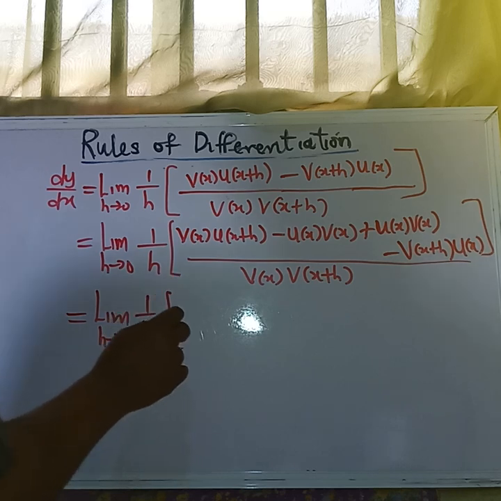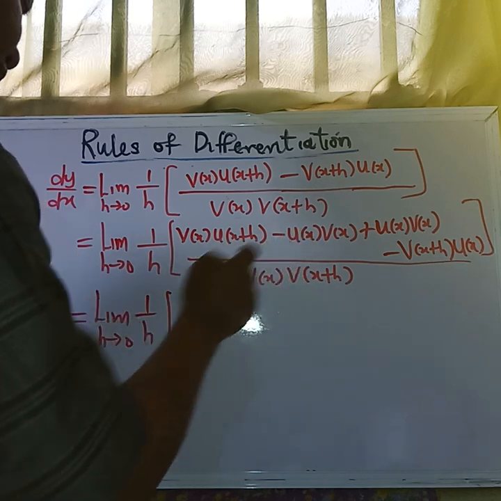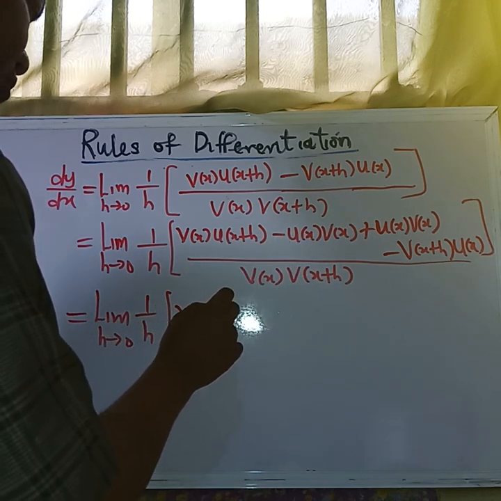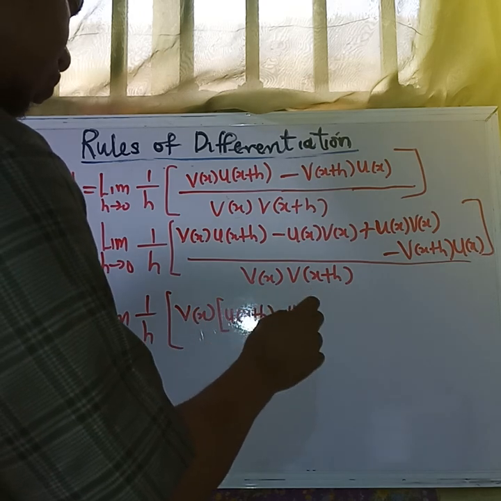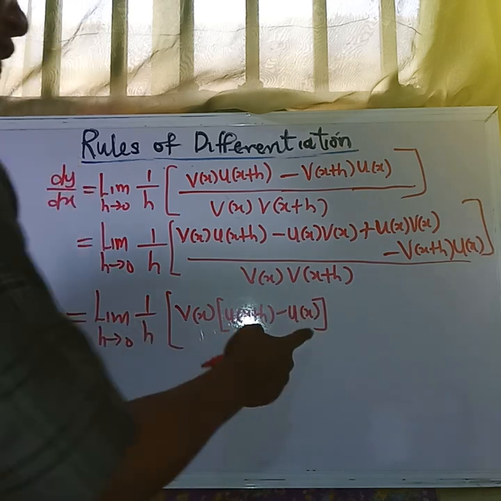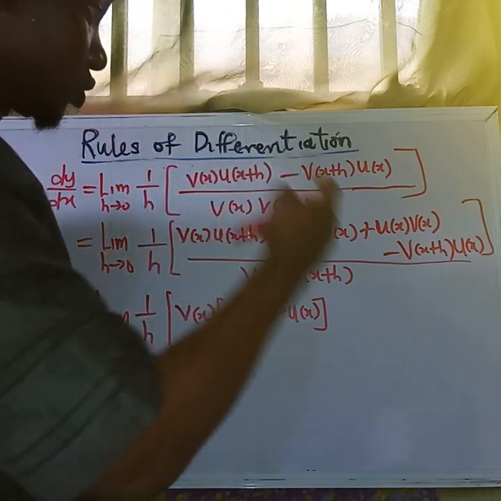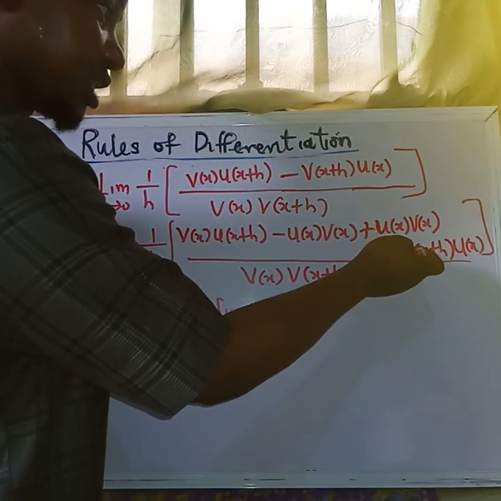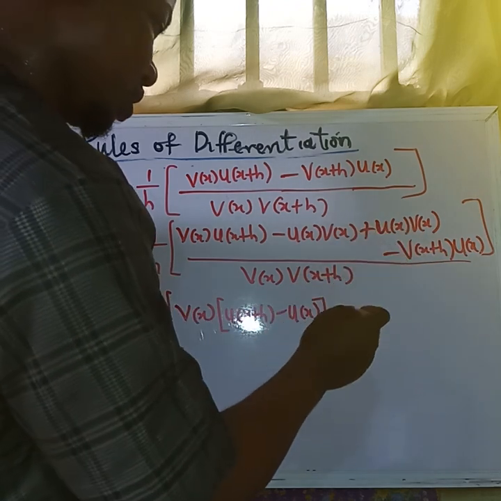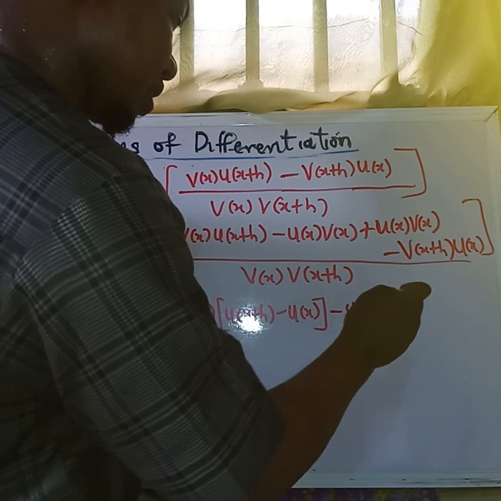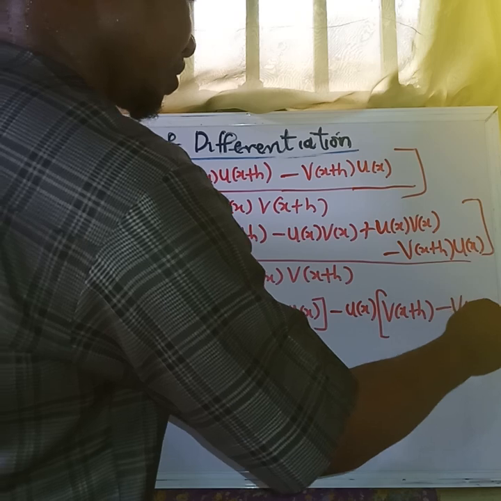We see that v of x is common in these two terms, so we can factor that out, in order to get u of x plus h minus u of x. Again, in these two terms, we can factor negative u of x out, and the reason is to bring this term to the front. So this will be negative u of x into v of x plus h minus v of x.